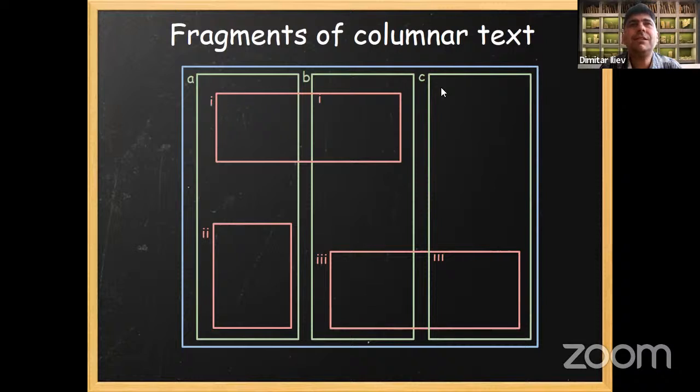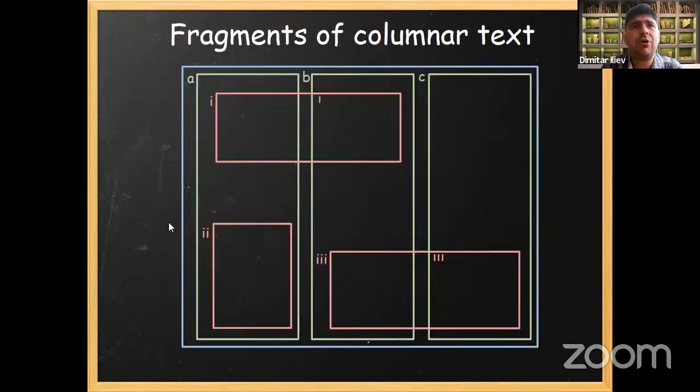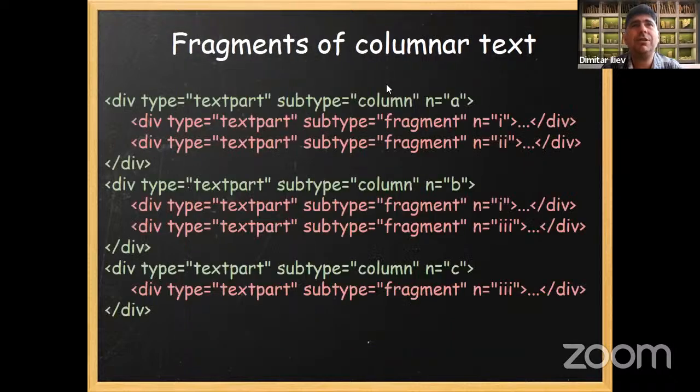If this fragment, which is the Roman numeral 1, belongs to column A and partially to column B, you put this into subtype column A and also into subtype column B, while the second one, which belongs only to subtype column A, is present only here.